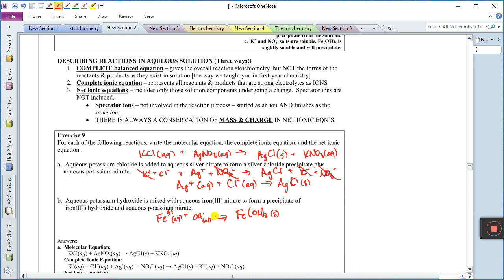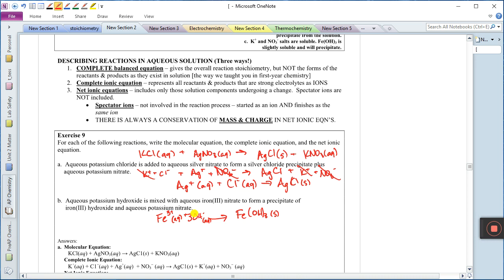Is this the end? Look at the reactants, look at the products. We have to balance the equation, so we need a 3 in front of the OH. They still have to balance for net ionic. So leave out the stuff you don't need, but it's still got to be balanced.